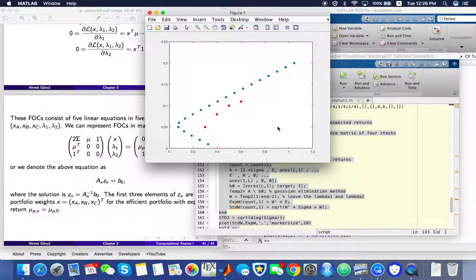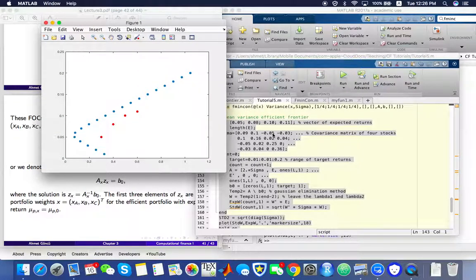Okay, so we can see the efficient frontier. You can notice that on the x-axis we have the standard deviation, on the y-axis we have the expected returns as given here, and you can see these red dots, which are the given 4 assets that we started with, right?